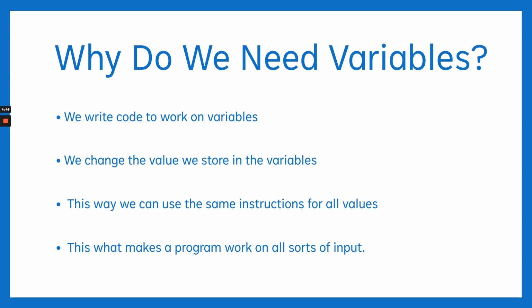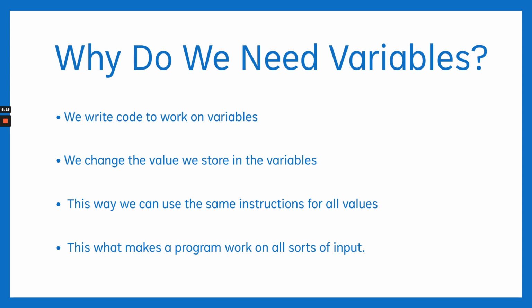You say go multiply something by 11, then subtract it by 27, etc. Instead of saying this, we say go and work on a variable. Pick up a variable, multiply the value stored in the variable by 5, add it to 7, and store it in another variable. This allows us to have the same set of instructions work on many different inputs.